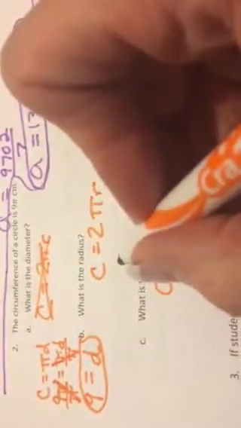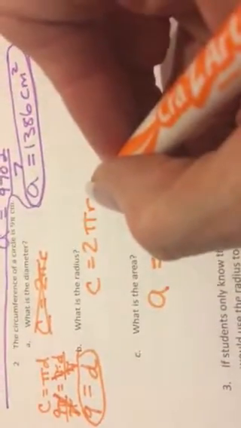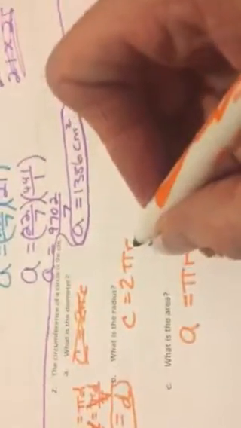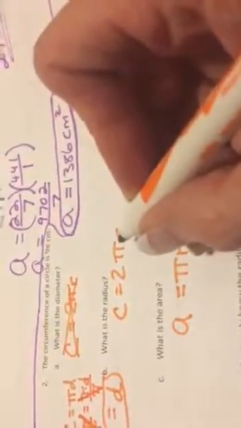So on this one, you could actually work out the whole problem and substitute in the numbers. But because you already know the d is a 9, you would just figure out by finding the r would mean I would divide the 9 by 2 to find out the radius.